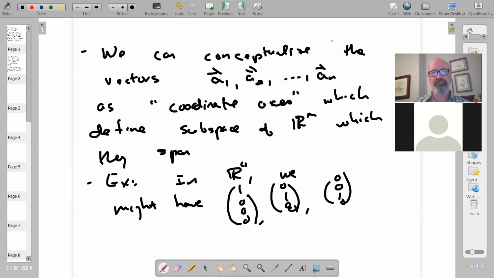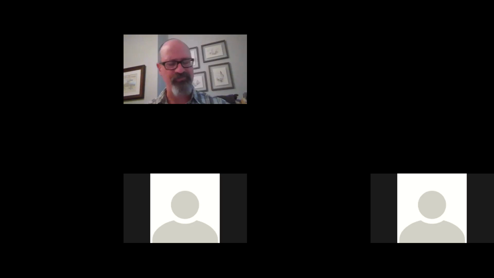If you're in R4, there's some other axis that isn't named. So the subspace spanned by those 3 vectors within R4 is basically just a copy of 3-space, and there's some other axis out there. Can't really draw that; it's 4-dimensional, but that's the setup for the problem.